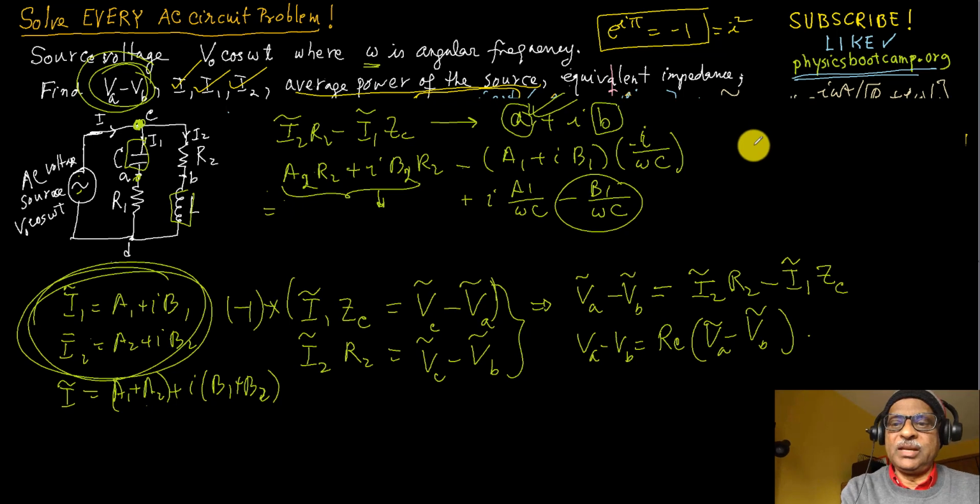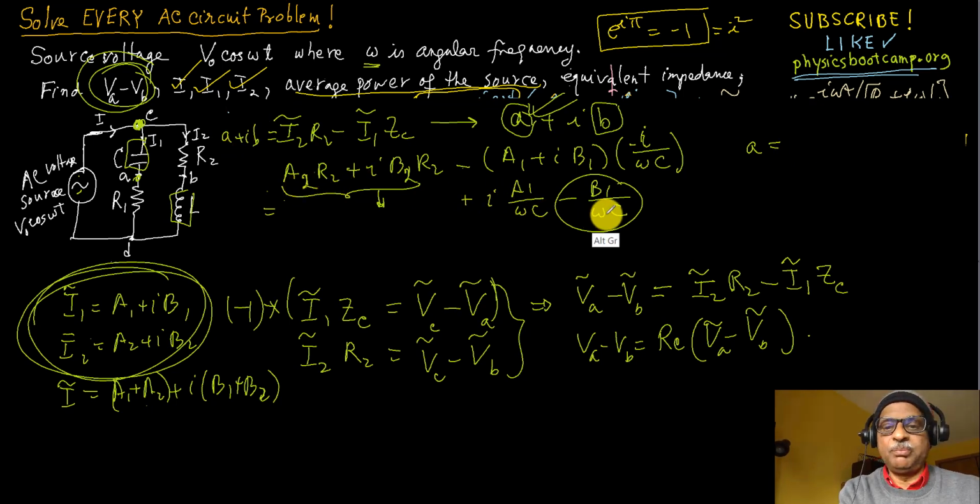So this guy will go with that. If this was some A plus iB, then this A is just this part plus that part.